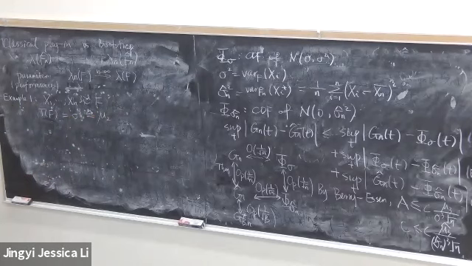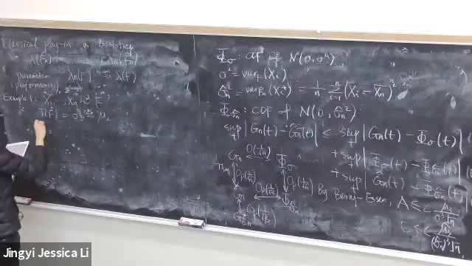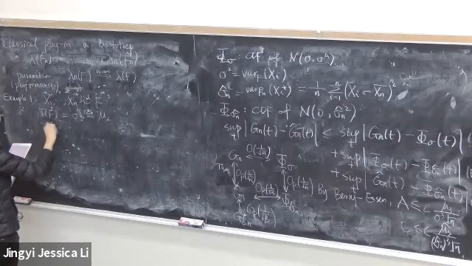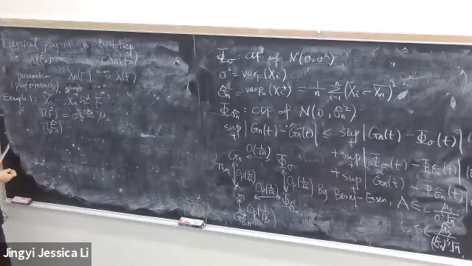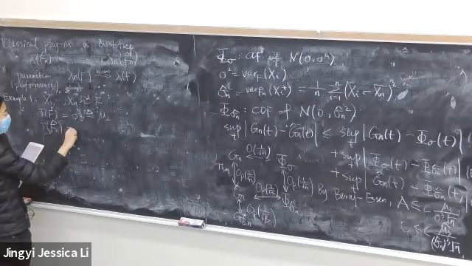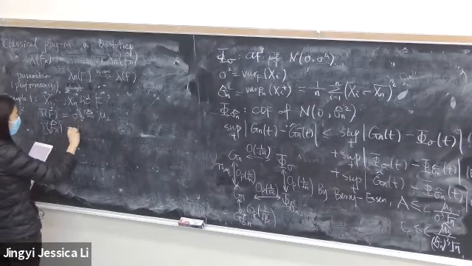Okay, so now let's take a look at what we call the plugin estimator of this parameter. Based on our sample, the empirical CDF of the sample. Again, the variance definition, we've seen this just now.